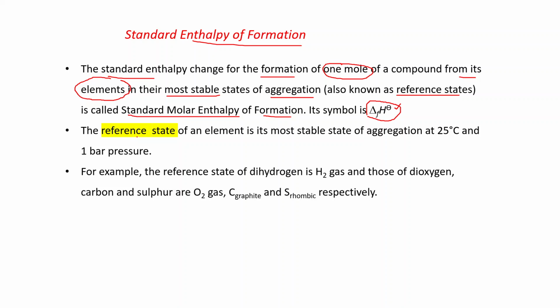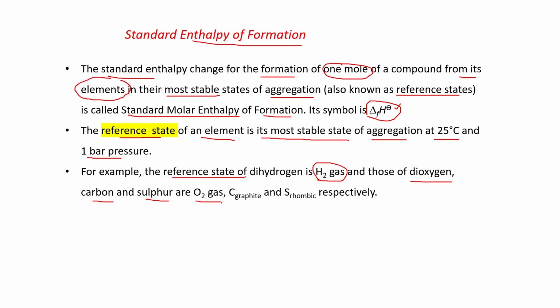Now, what is this reference state or stable state of aggregation? A reference state of an element is its most stable state of aggregation at 25 degrees Celsius and 1 bar pressure. For example, the reference state of dihydrogen is H2 gas, and those of dioxygen, carbon and sulfur are as follows.